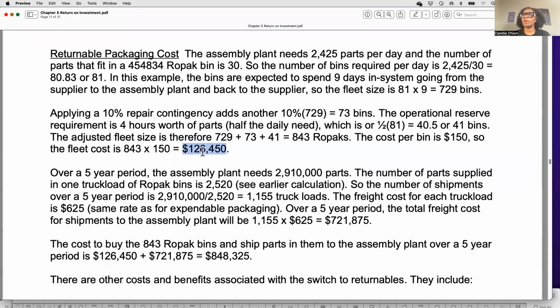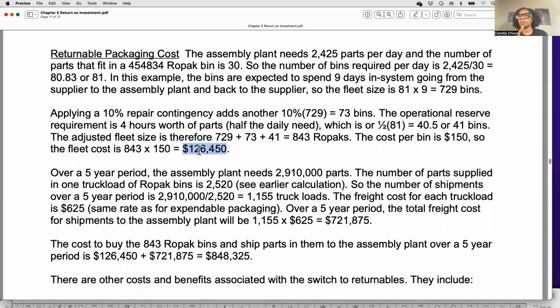So for what we're buying for 9 days, these bins are made to last for the life of the program. They're assuming that for the life of that vehicle program, which is 5 years, these will remain in good condition. They won't lose that many. They've got that 10% repair contingency to cover for that.